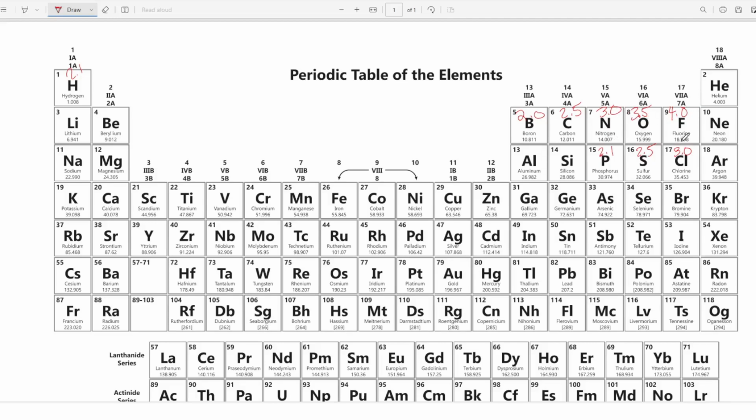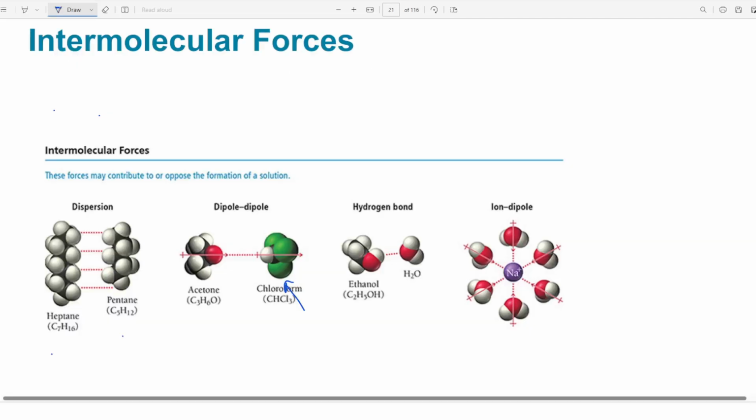Okay, now fluorine has electronegativity of 4, and it is known to have hydrogen bonding, but HF is a molecule in and of itself, and fluorine only forms one bond, so we can't have hydrogen bonding if fluorine exists in a molecule because it's not going to have a hydrogen on it when it's in a molecule. So generally hydrogen bonds exist on molecules containing an OH bond or an NH bond, so alcohols and amines.